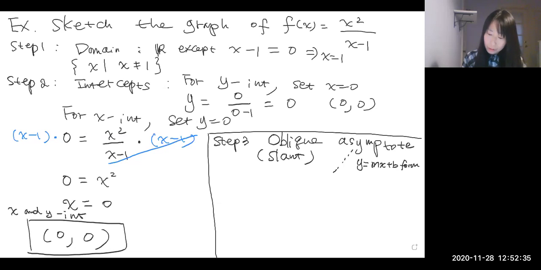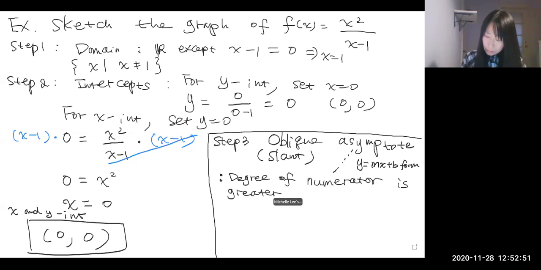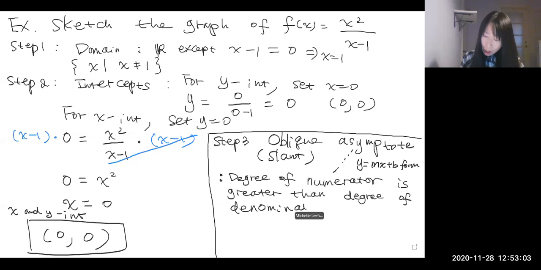Let me write that down for you. Then how much greater? 1 degree, okay? It's 1 degree.